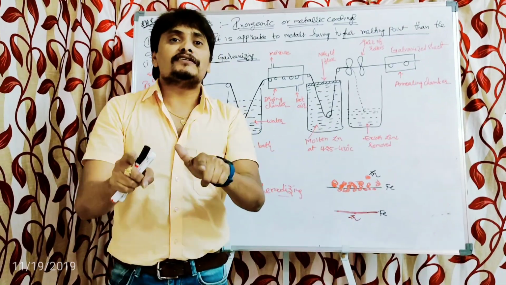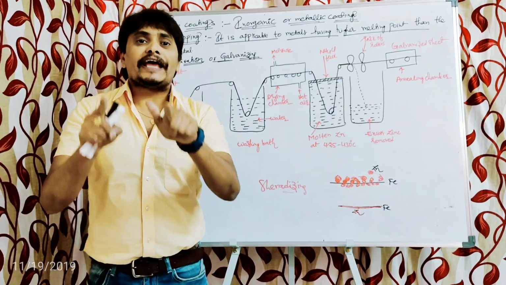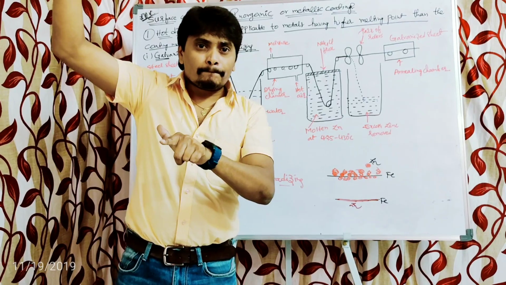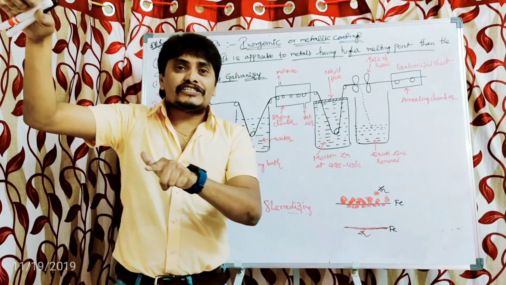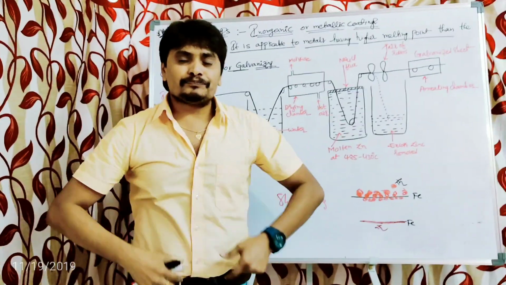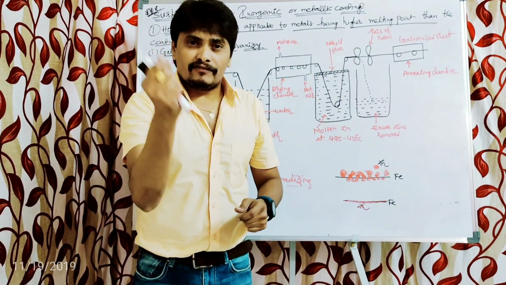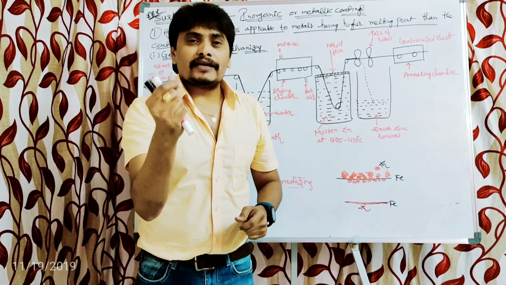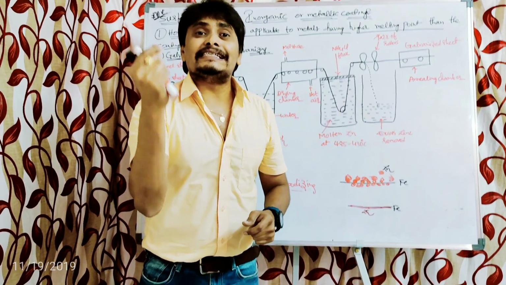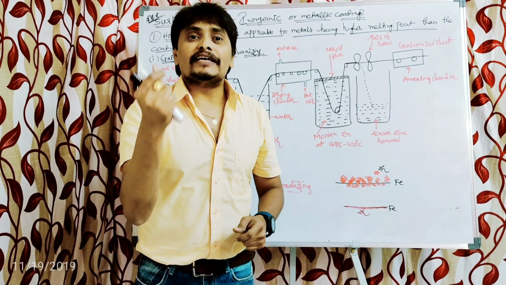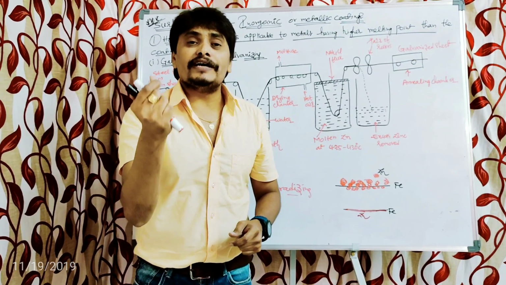So that is the reason galvanized sheets are exclusively used as the sheets for roofing, right? And these galvanized sheets can be used for making of the nuts, bolts, rivets, etc. But these galvanized sheets cannot be used for making the kitchen utensils in which the food is preserved.